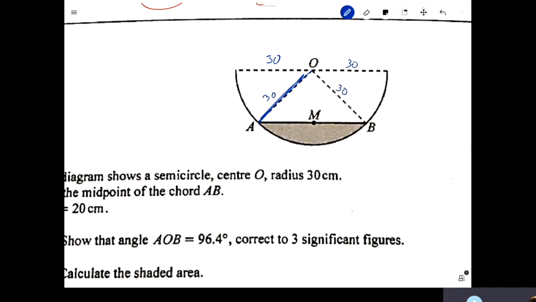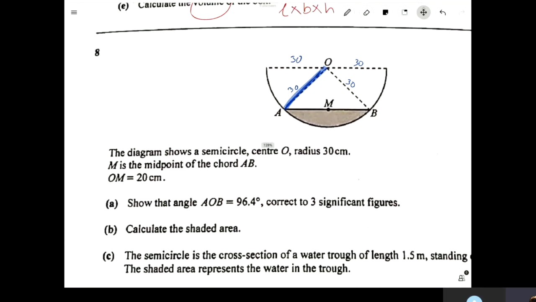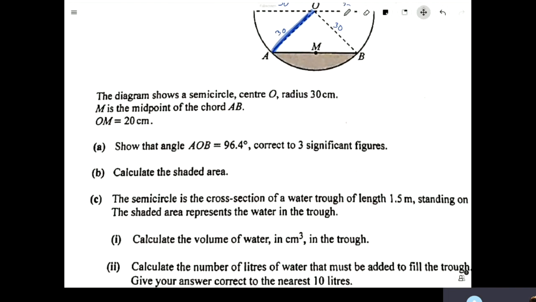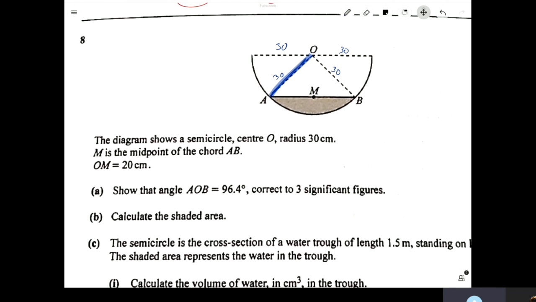All these are 30. This is a radius one. Okay, wait. OM is equal to 20. So OM, you've got to draw the line for them. That is 20.